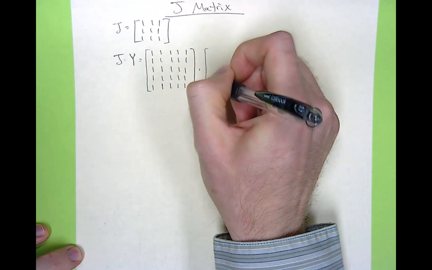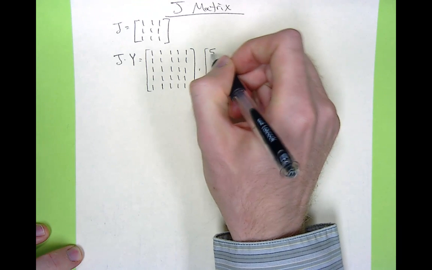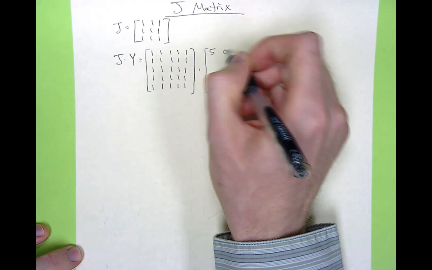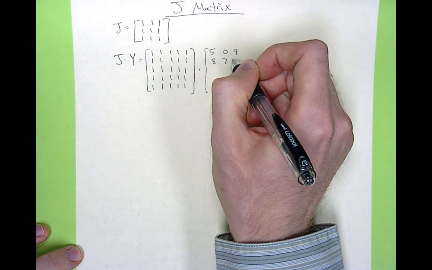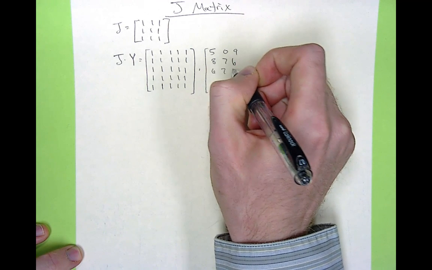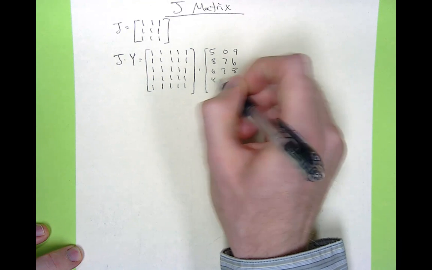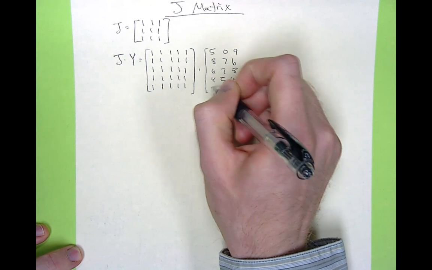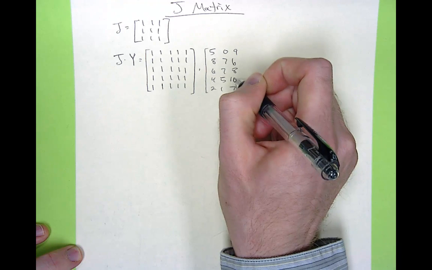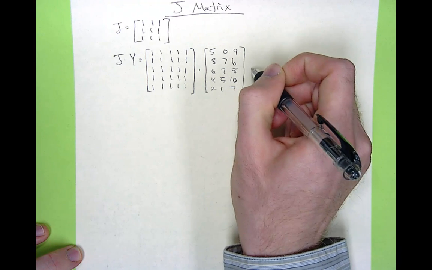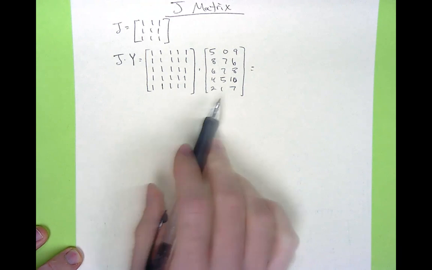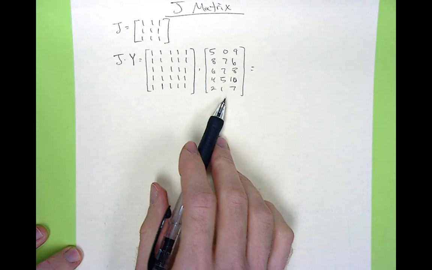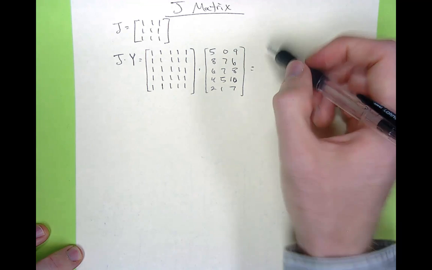Okay, and our Y was a 5 by 3 matrix: 5, 0, 9, 8, 7, 6, 6, 7, 8, 4, 5, 10, and 2, 1, 7. So this 5 by 5 times a 5 by 3 will give us another 5 by 3.